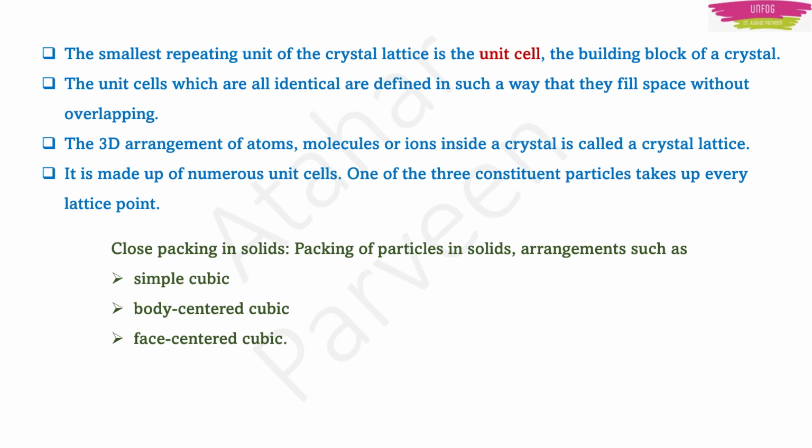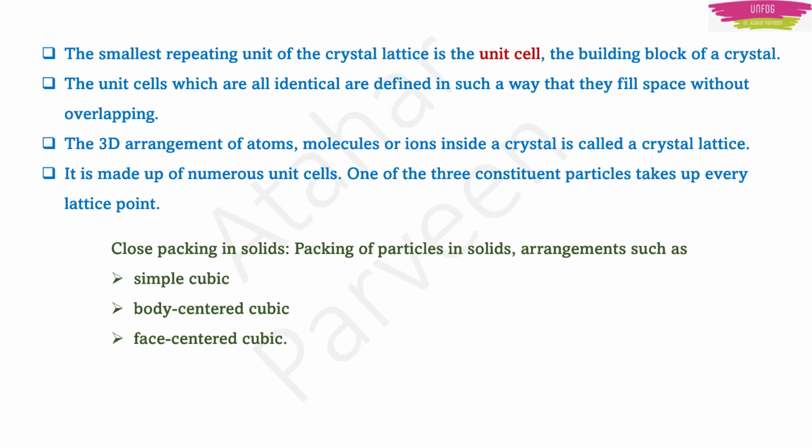Now all this we are talking about is about close packing in solids. So solids are closely packed in such a manner that you cannot easily break them, and this is the strategy of how these solids are packed. So we call that strategy or the style of packing a close packing in solids.